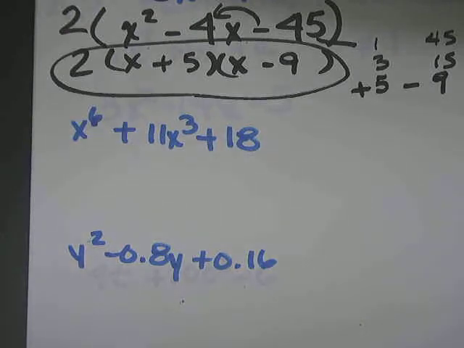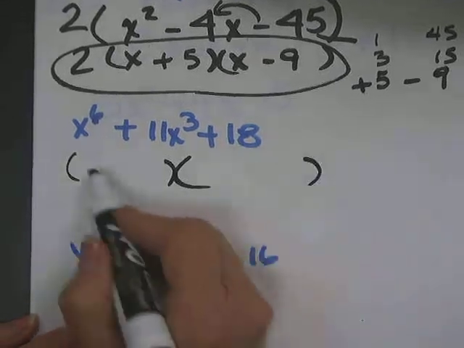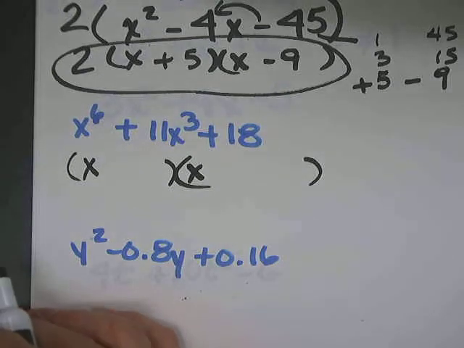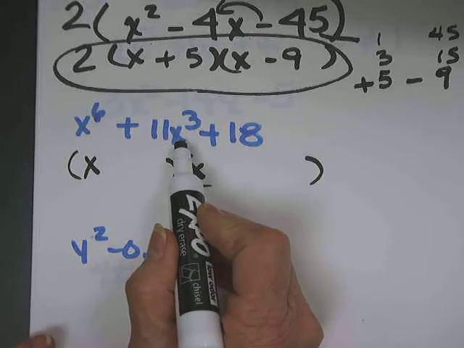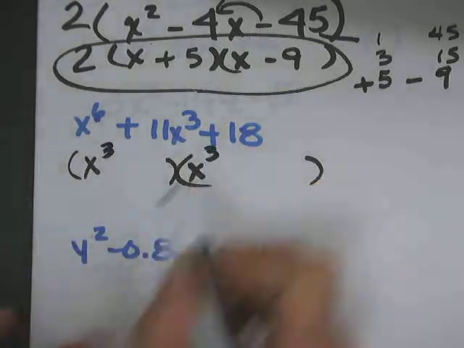Okay, next one, anything in common? No. Are they in descending order? Yes. 6, 3, none. Biggest to least. Okay, so nothing in common, so let's unfoil it then. X to the 6th is what times itself?